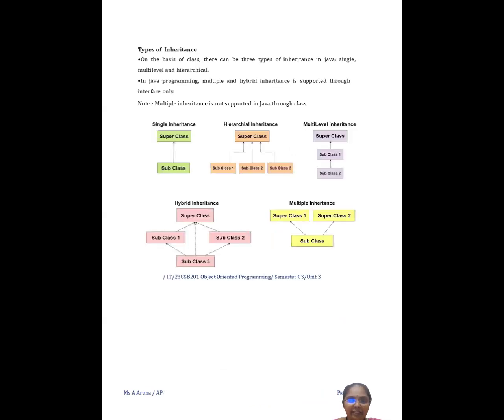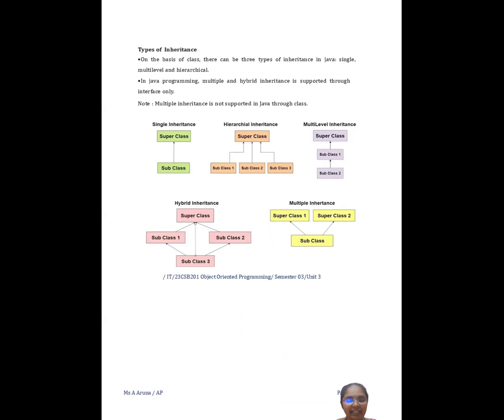There are different types of inheritance available in Java: single inheritance, hierarchical inheritance, multi-level inheritance, hybrid inheritance, and multiple inheritance. These three are normally supported in Java, but the other two are not. Here, the first level is supported and the second level is also supported, but when going for a third level, it cannot inherit the two classes.